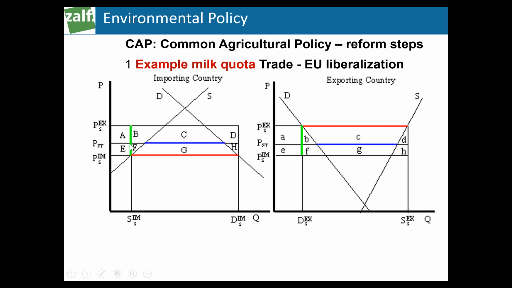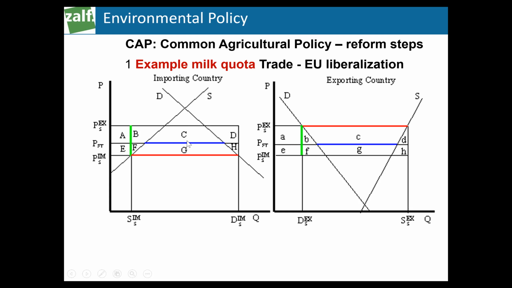You have a not distorted situation anymore. If you get rid of these surpluses, you come as an exporter in the EU from this surplus to this surplus. You reduce the surplus of milk, and the importing country is also increasing the price and producing more on their own.